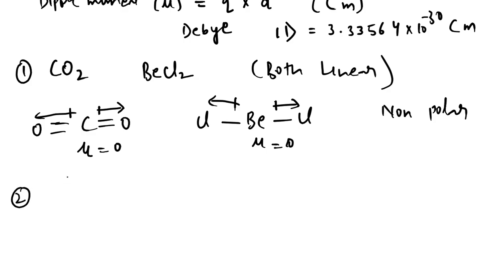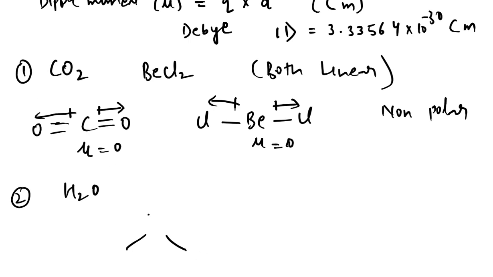Secondly, what about water? We know that water has a bent structure. It's not linear. We have something like this. Reason being, oxygen... just a second, I drew it wrong. It's H2O.